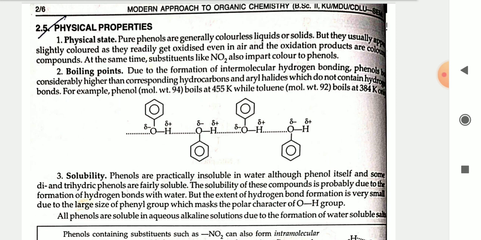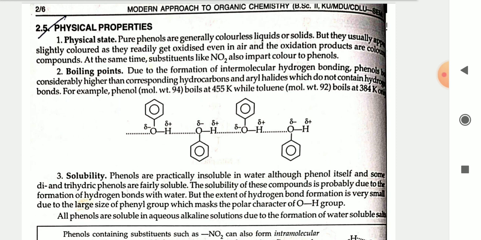Due to the formation of intermolecular hydrogen bonding, phenols boil considerably higher than the corresponding hydrocarbons and aryl halides, which do not contain hydrogen bonds. For example, phenol with molar weight 94 boils at 455 Kelvin, while toluene with molar weight 92 boils at 384 Kelvin.